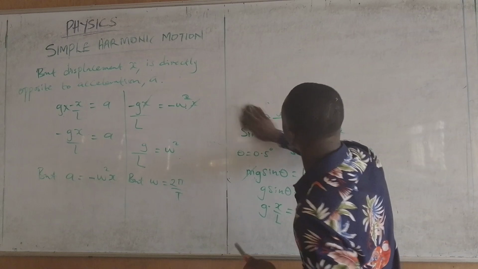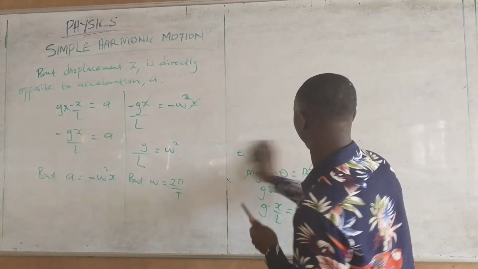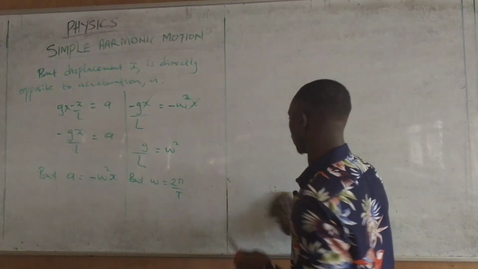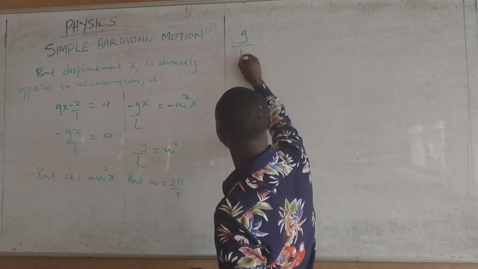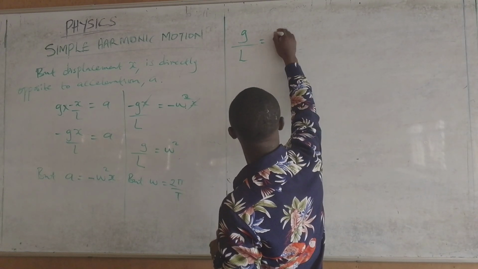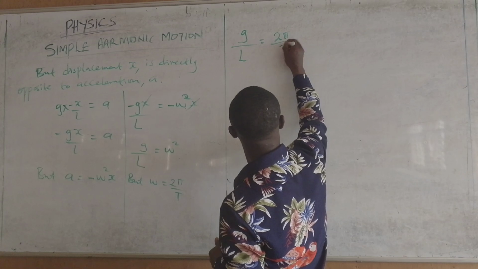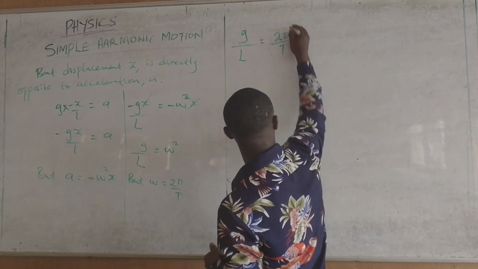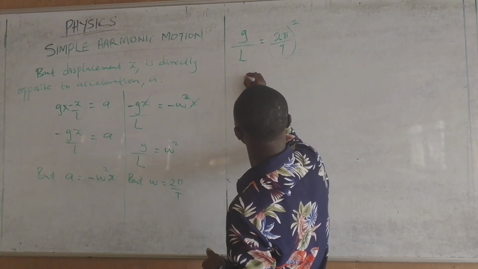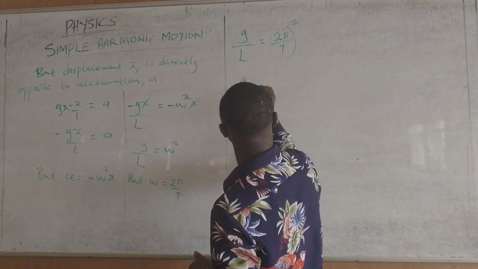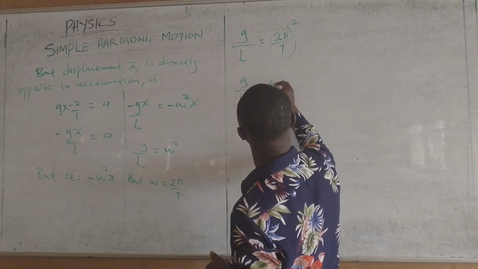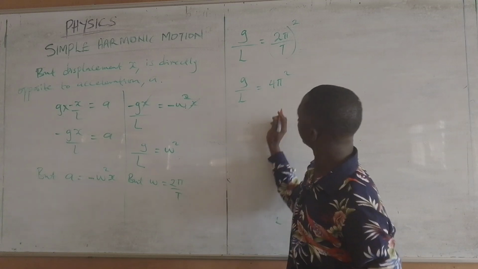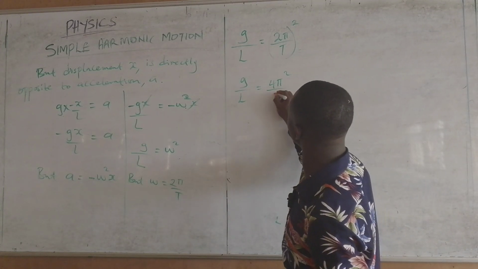So from there, we can substitute again by saying G over L equals 2 pi over T, all squared. So that G over L will be equal to 4 pi squared over T squared.